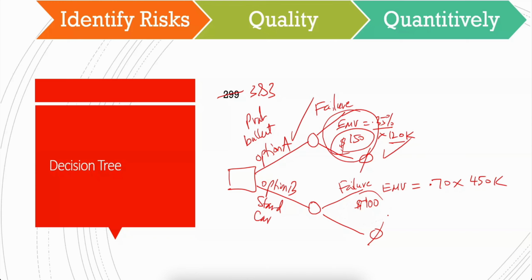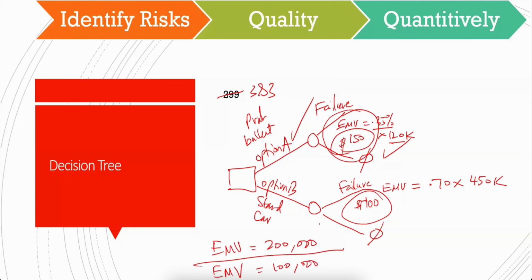So that's one way to use it. And in the exam, they may give you an EMV value of 200,000 for this, and an expected monetary value of 100,000 for that. Pick which one you're going to go with, that kind of thing.